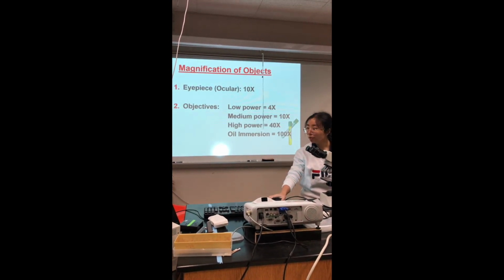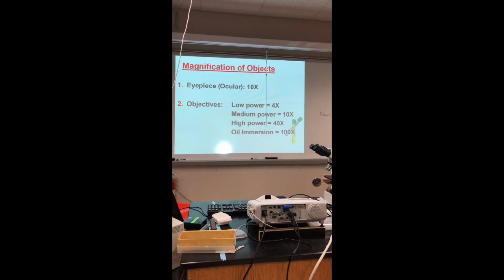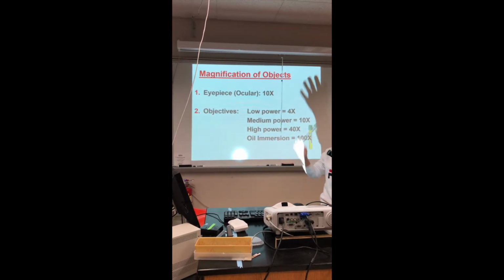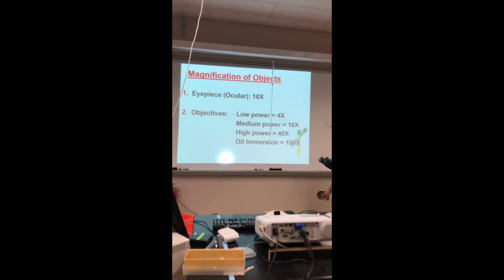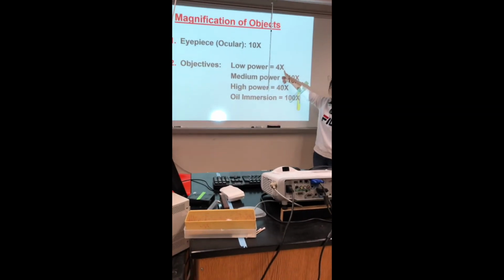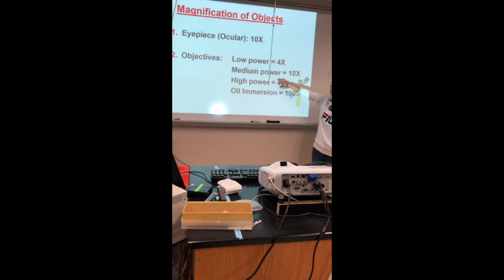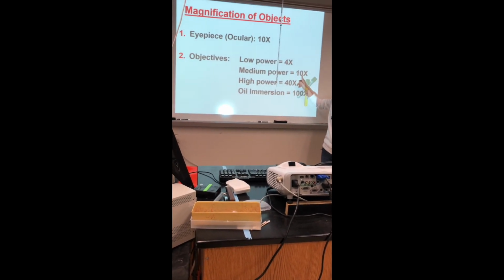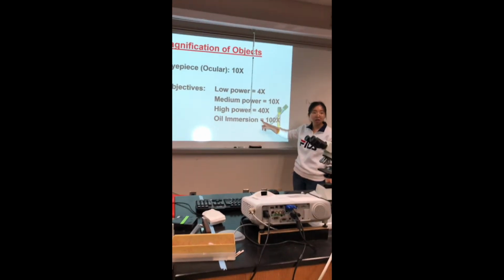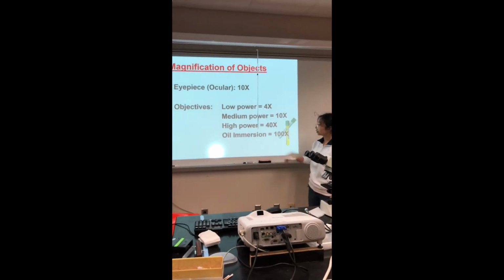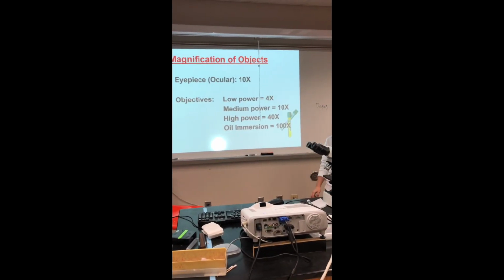I'll introduce you after this slide. You have the red color, low power 4 times, medium power 10 times, and the high power 40 times, and our white colored longest lens would be our 100 times oil immersion lens.